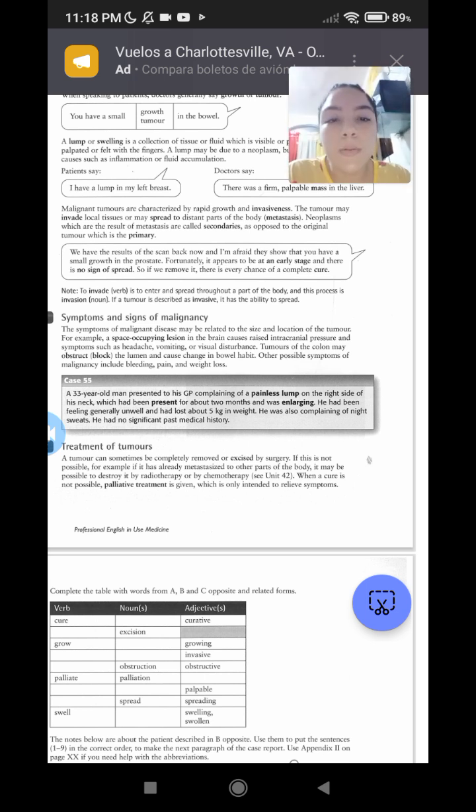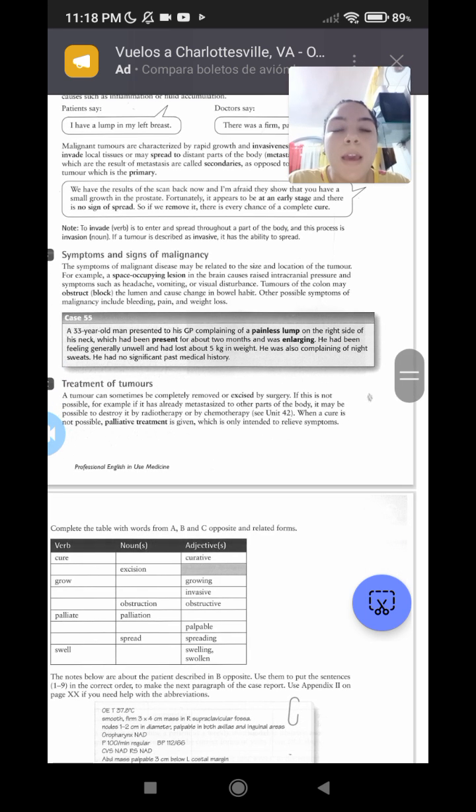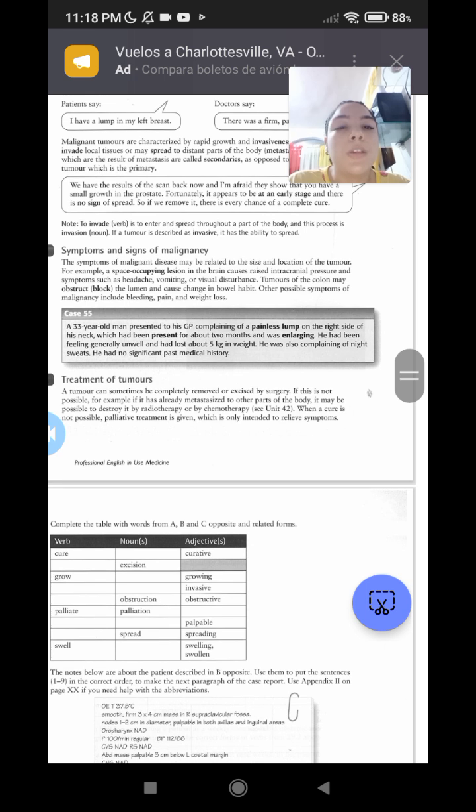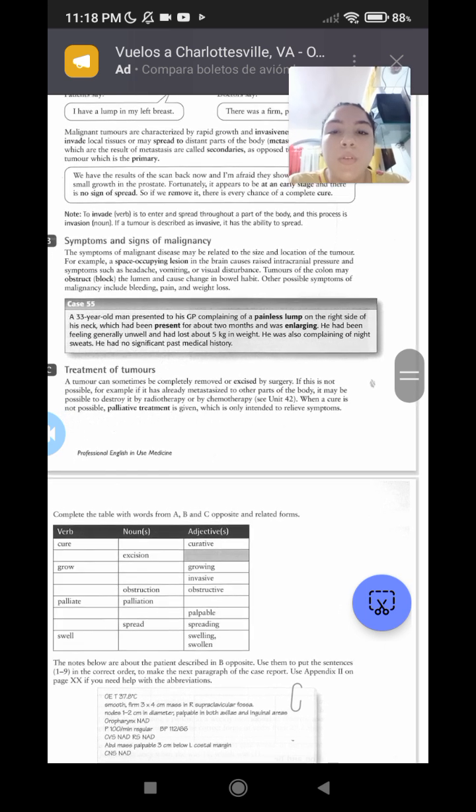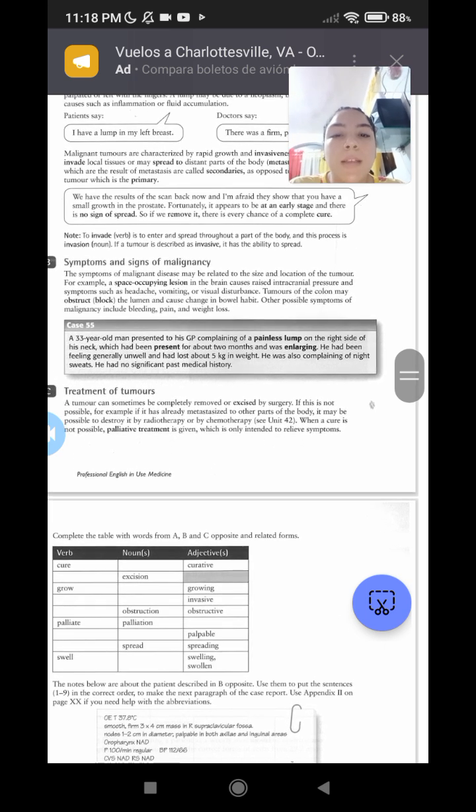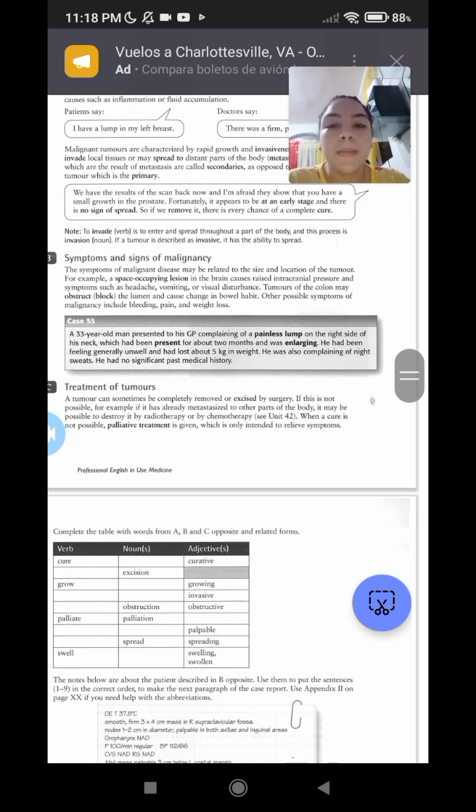So if we remove it, there is every chance of complete cure. To invade is to enter and spread through a part of the body. This process is invasion. If a tumor is described as invasive, it has the ability to spread.